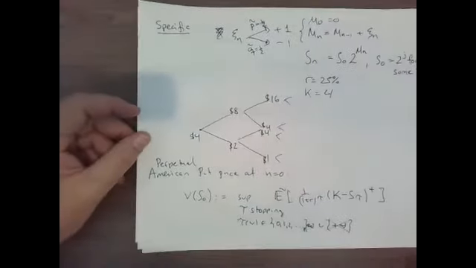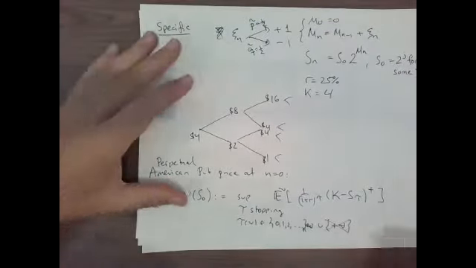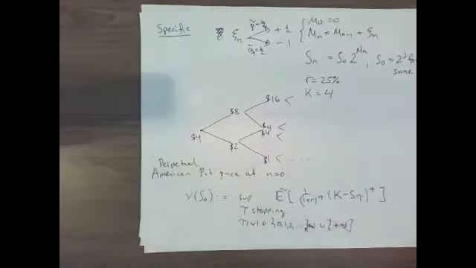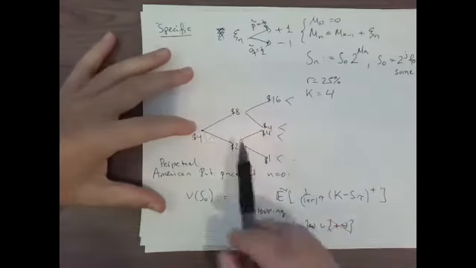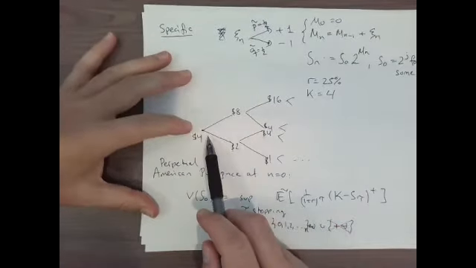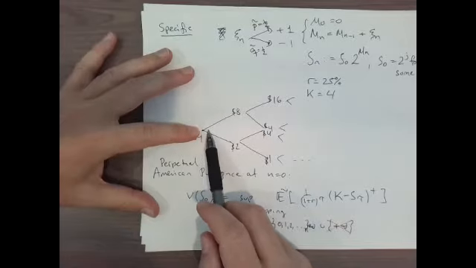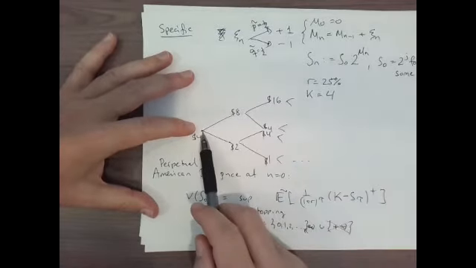Any guesses on what the optimal stopping time here is going to be? This is my tree structure and it keeps going. What kind of an optimal stopping time are we looking at? Well, we don't want to exercise immediately, because k is equal to 4, and if you exercise immediately we get nothing.